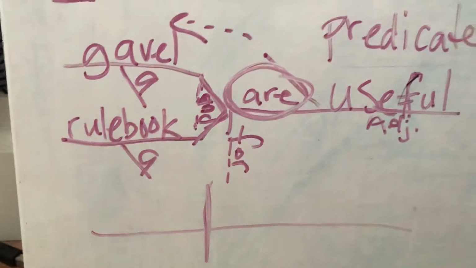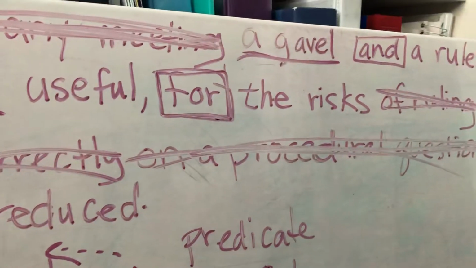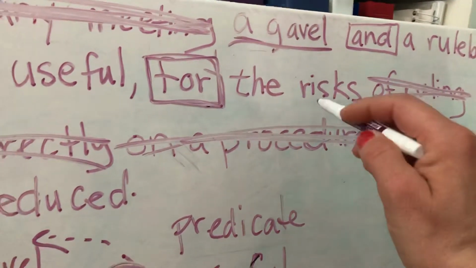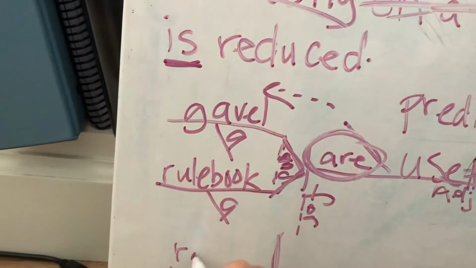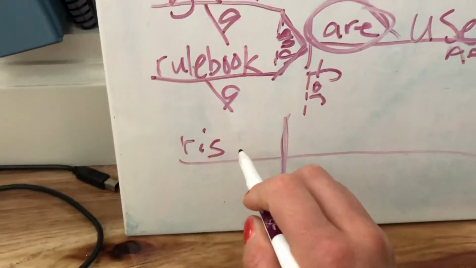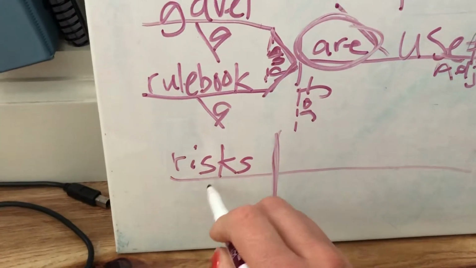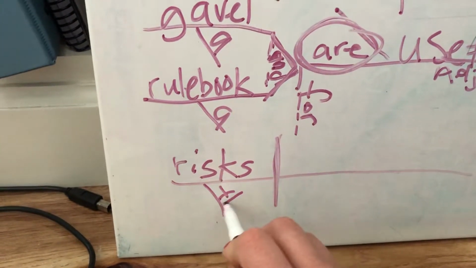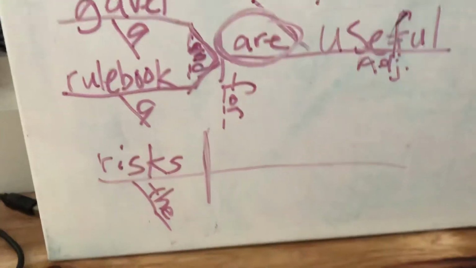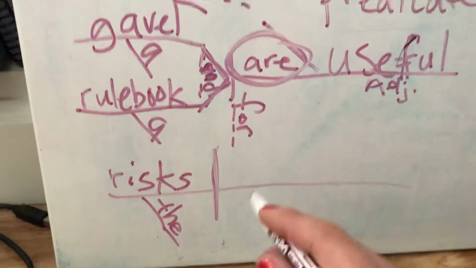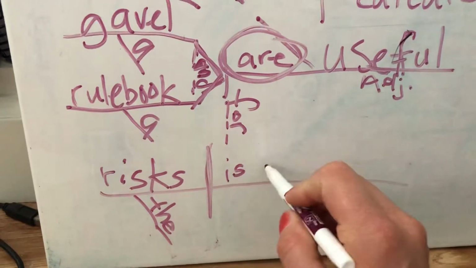The noun, the subject, is "risks." That's the subject, okay? So I'm going to put "risks." And I'm going to put "the" down here. That's my little article. "The," "a," and "an" are all articles. The risks is reduced.